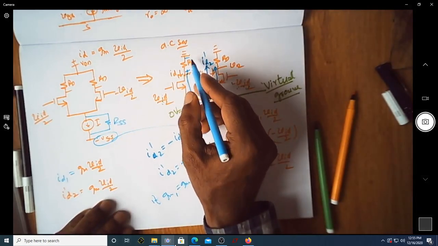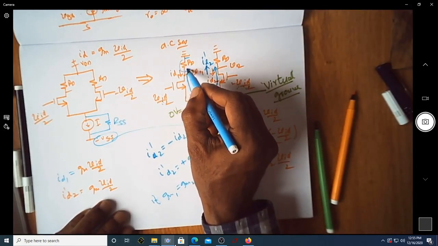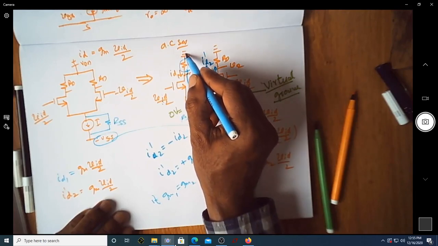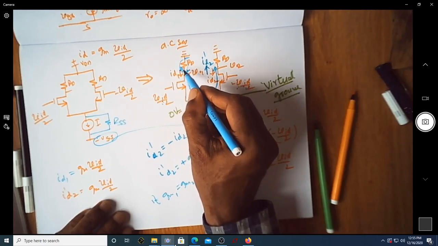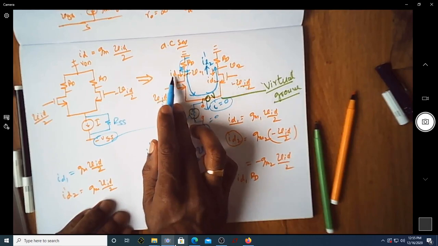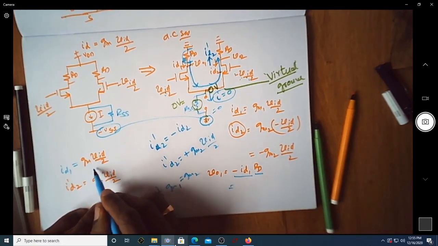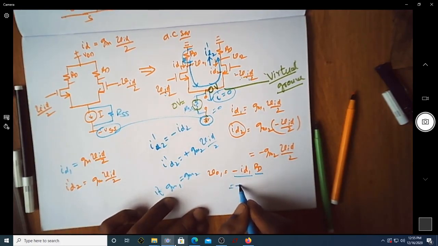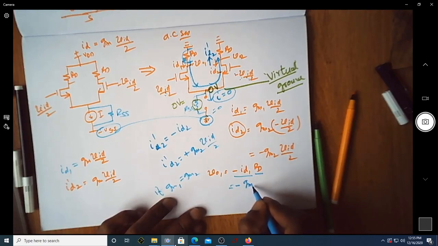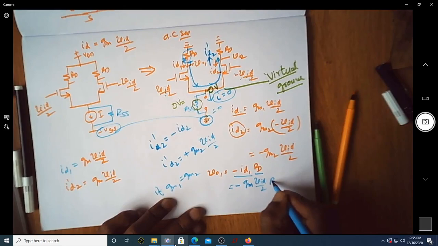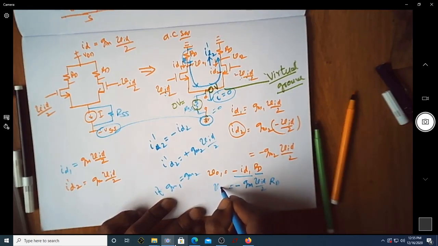This is my V01, the voltage measured across RD with respect to ground. So let me consider a current going in the opposite direction, which is exactly minus of ID1, so minus of ID1 multiplied by RD. But what is ID1? We know ID1. So V01 is minus GM VID by 2 into RD.